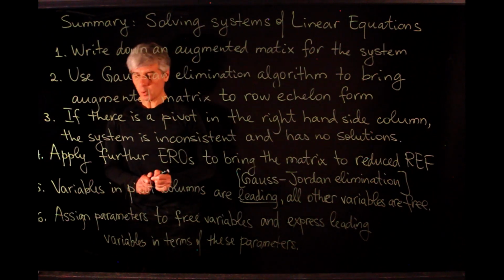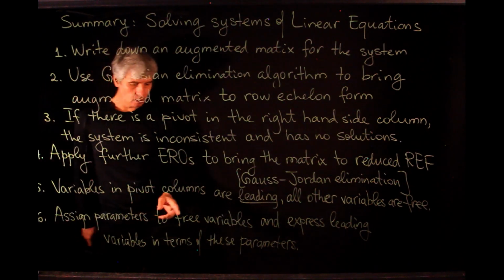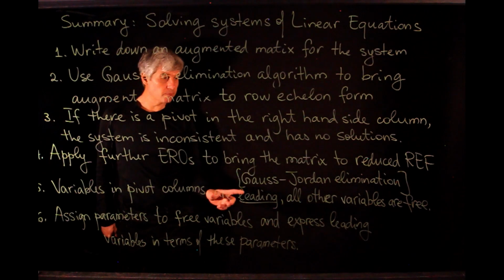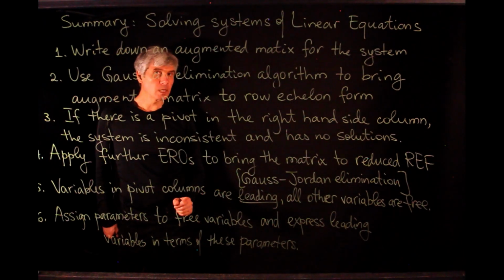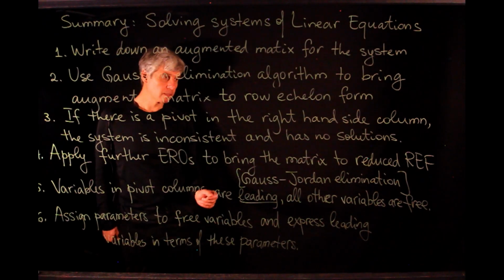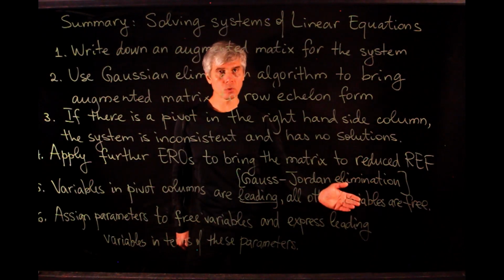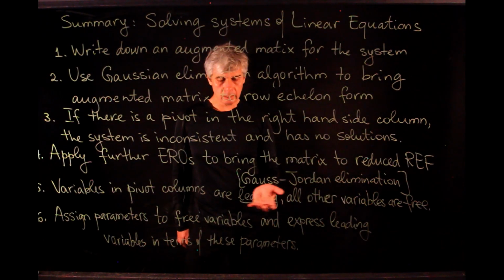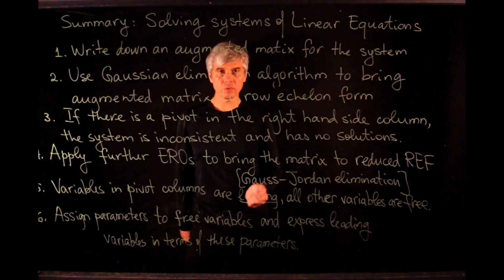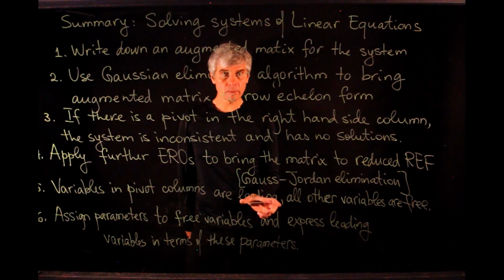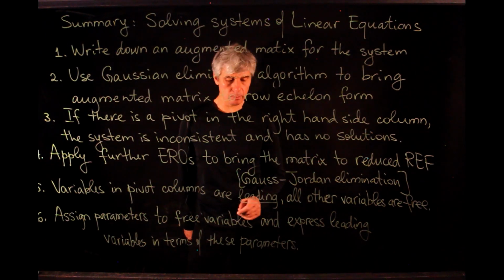Now, the number of parameters that we use is equal to the number of free variables. So it is possible that there might be no free variables at all. There are systems of linear equations where all variables are leading and there are no free variables.